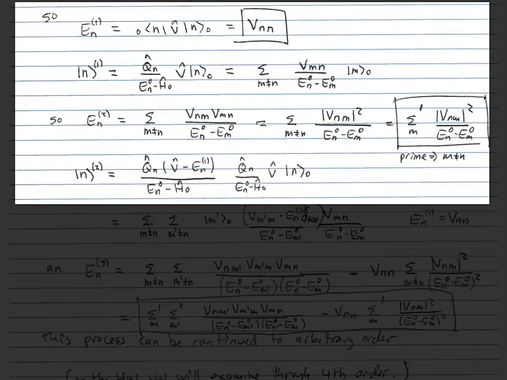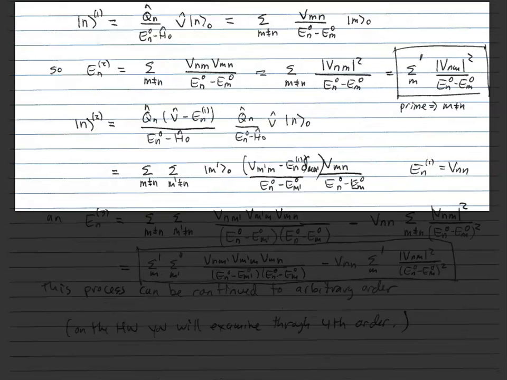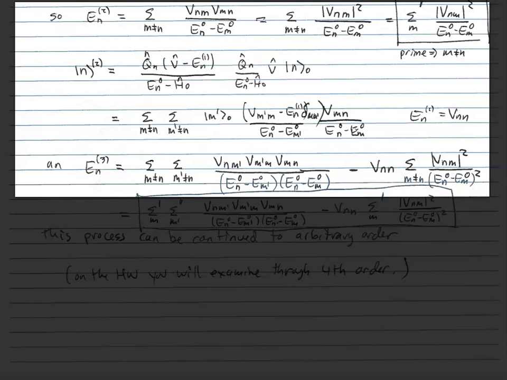All right, proceeding along, we can calculate |n^(2)⟩. I can substitute in what En^(1) is because it's just equal to Vnn. And then I have to multiply that by a V̂ and take the expectation value with ⟨n₀|. It's a kind of a long calculation. You have to carefully work everything out, but it's pretty straightforward. And you can see there's sort of this pattern. It's like a zipper or a telescope.